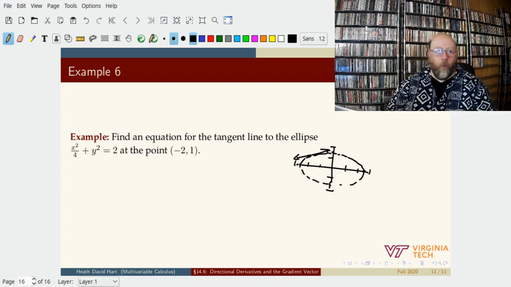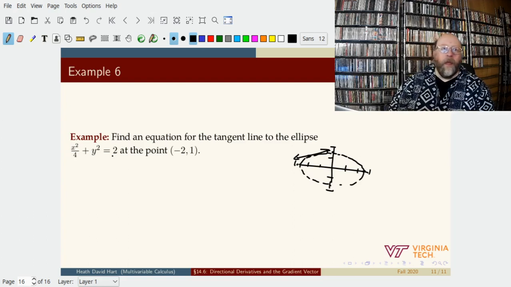Okay? One way we could find a slope is by using implicit differentiation, and we know that. But here's another trick we can think about.